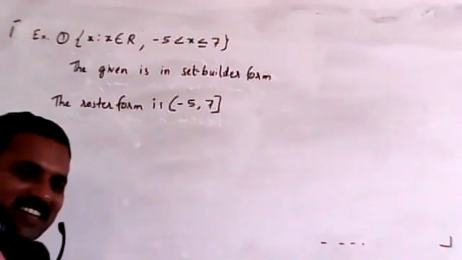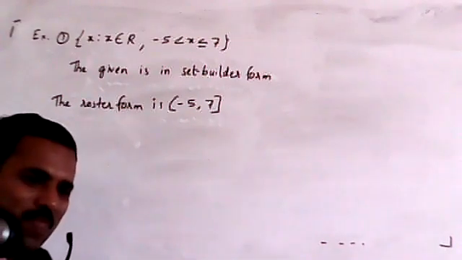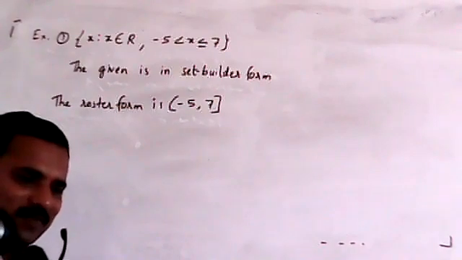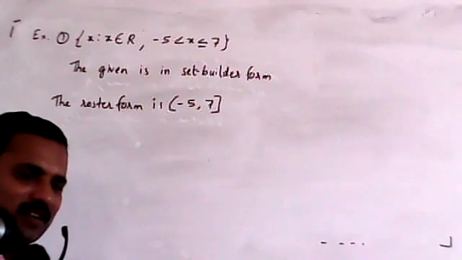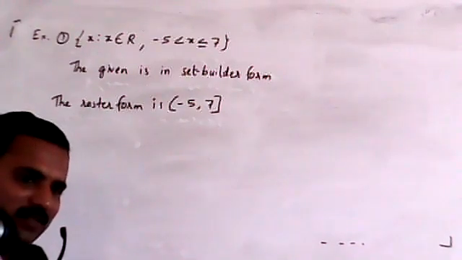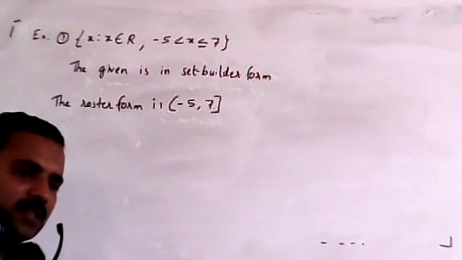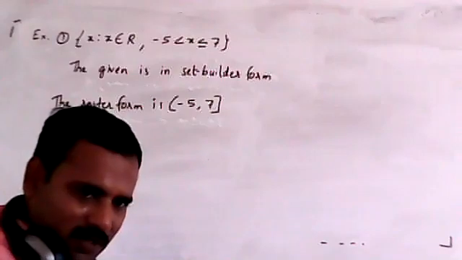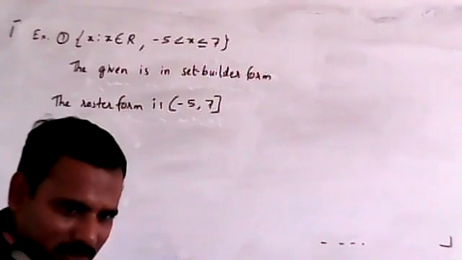I have written it in interval form. See, we already learned a new thing now. Okay, you are counting in detail. Shilpa, good answer. Why? Because we learned a new thing now. The same thing we can represent in intervals also.